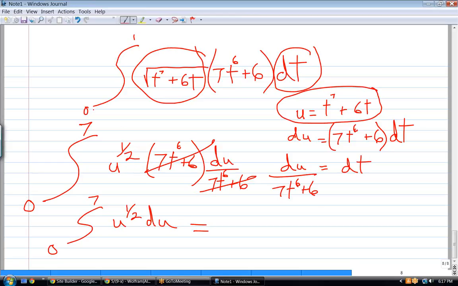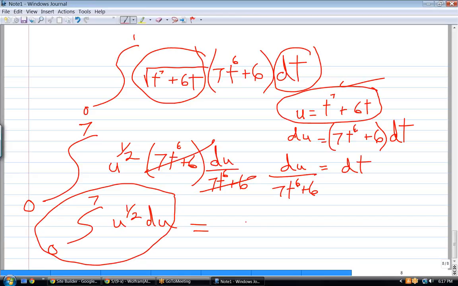So when t was going from 0 to 1, what was u doing? When you plug in 0, u is 0. But when you plug in 1 for t, this is 1 plus 6. So u actually goes from 0 to 7, not from 0 to 1. I'm going to evaluate this as an integral of u without resubstituting back in for t. If I want to substitute back in, I can use the old limits of integration, but it's actually going to be easier to use the new limits.